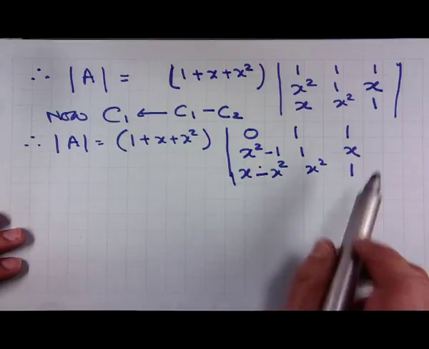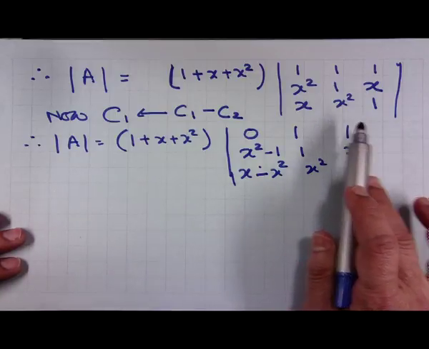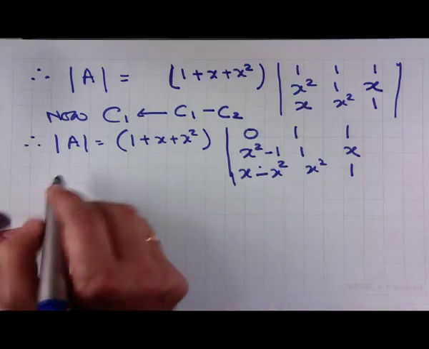Now, what do we do? We subtract column 3 from column 2.